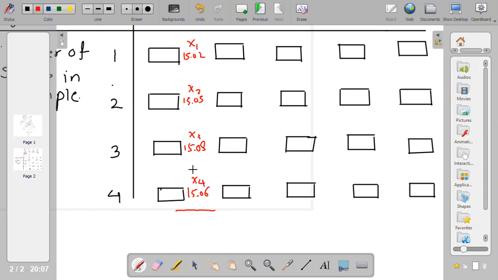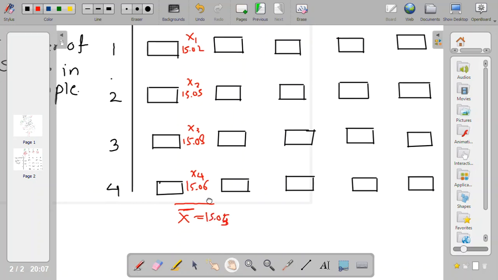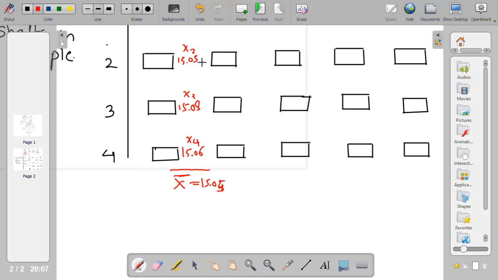Finally I'll write x bar equal to whatever the value, suppose around 15.04 or 15.05. What I did was add all these values and divide by 4. So this is the average value.